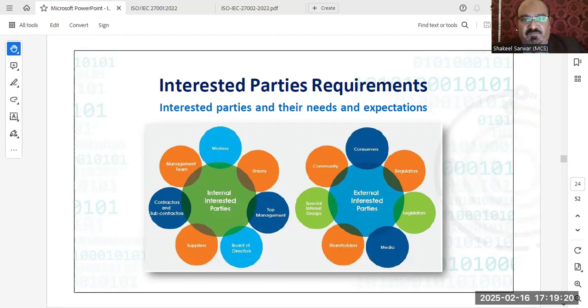Definition: this is the expectations, needs, and demands of stakeholders, which include customers, regulators, employees, and partners regarding information security.